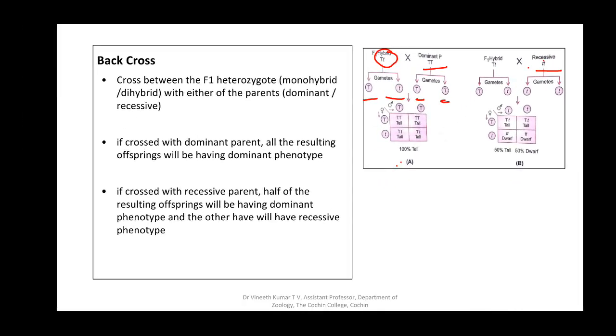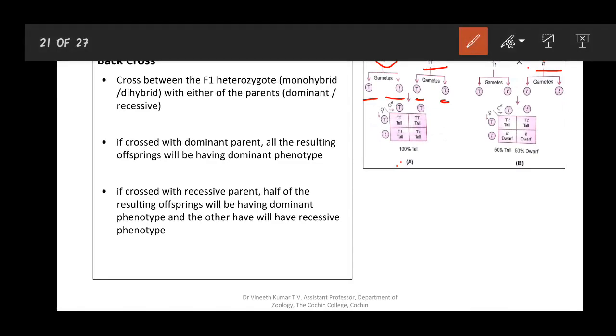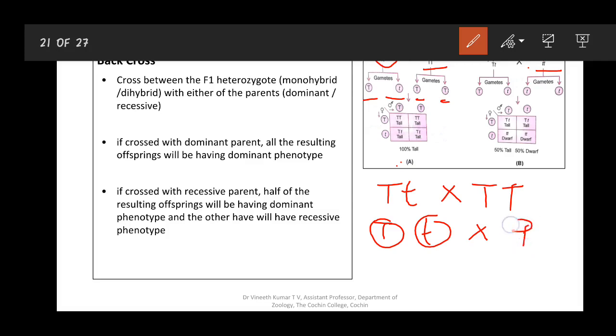As we discussed earlier, it might be easy to do it like this: you have capital T small t crossed with capital T capital T. Because these two are different, we write the gametes like this, and because the other produces only a single type of gamete, you write only a capital T. This is one type of representation of a Mendelian cross.